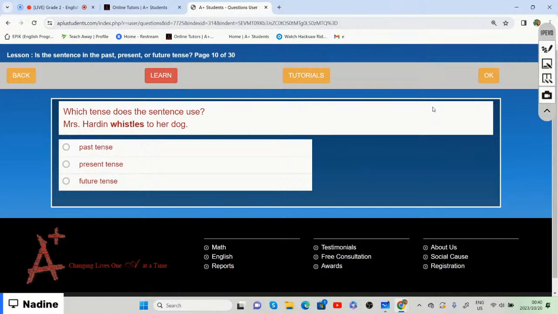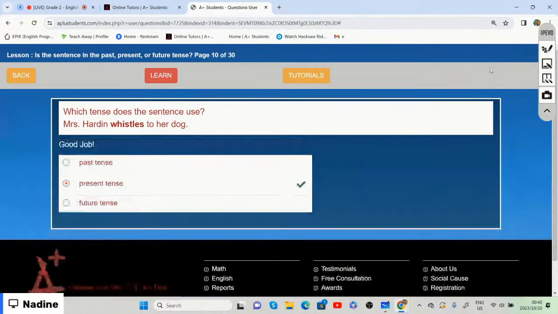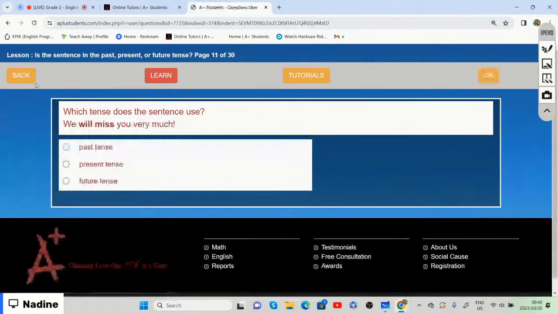Mrs. Harden whistles to her dog. All right, so if she whistles to her dog, we can say that's in the present tense.